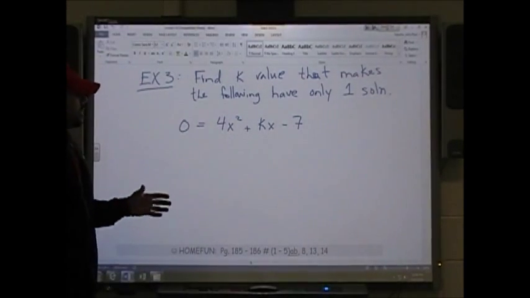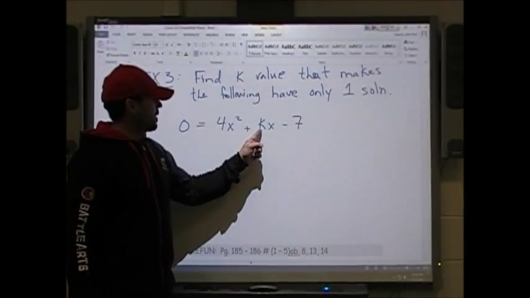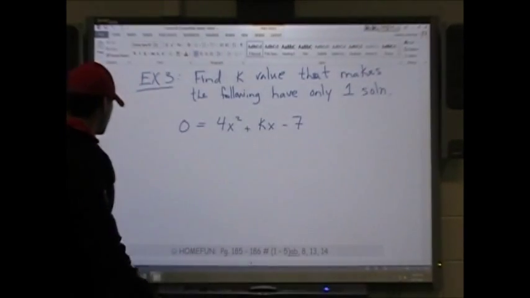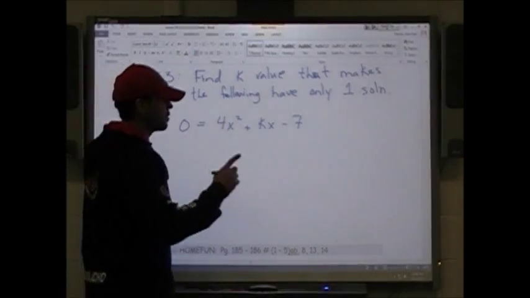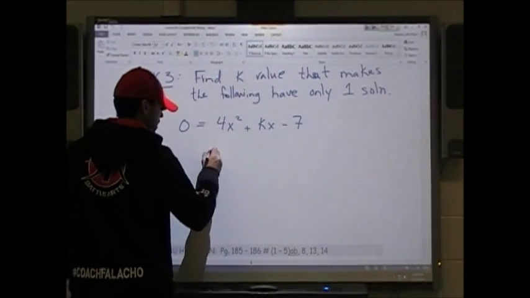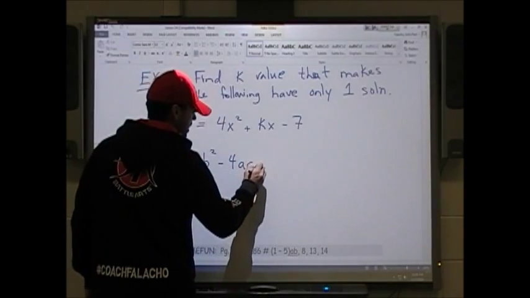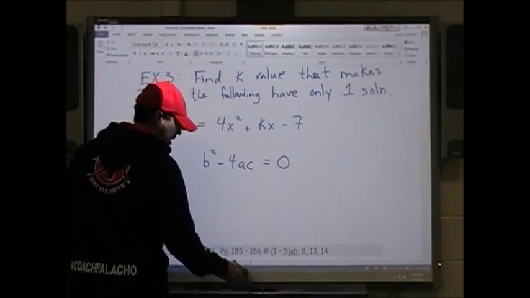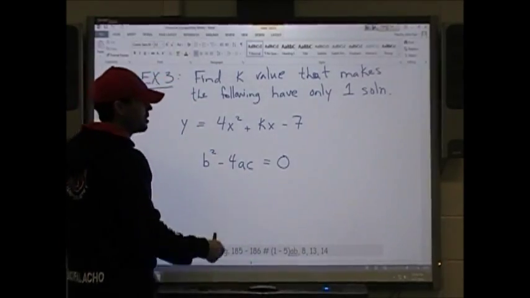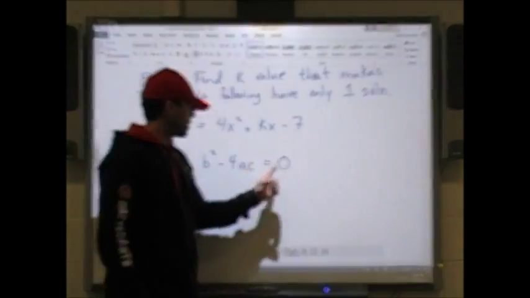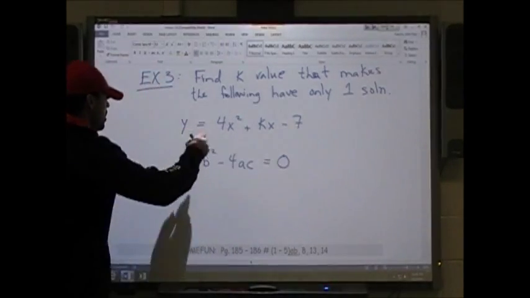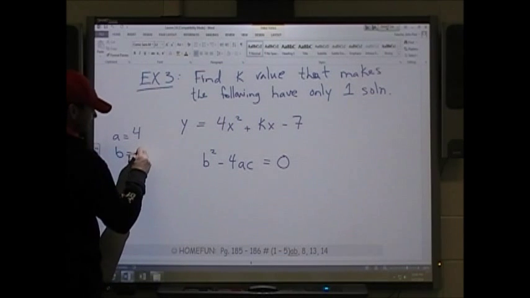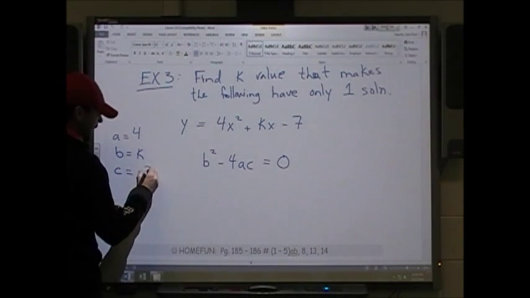Well, if I take a look at this, I have to find what value k should be so that this only has one solution. In order to have one solution, you have to remember that the discriminant has to equal 0. Okay, so the discriminant of this parabola has to equal 0. If you only want one solution, the discriminant equals 0. Of course, the a value here is 4, the b value is k, and the c value is negative 7.